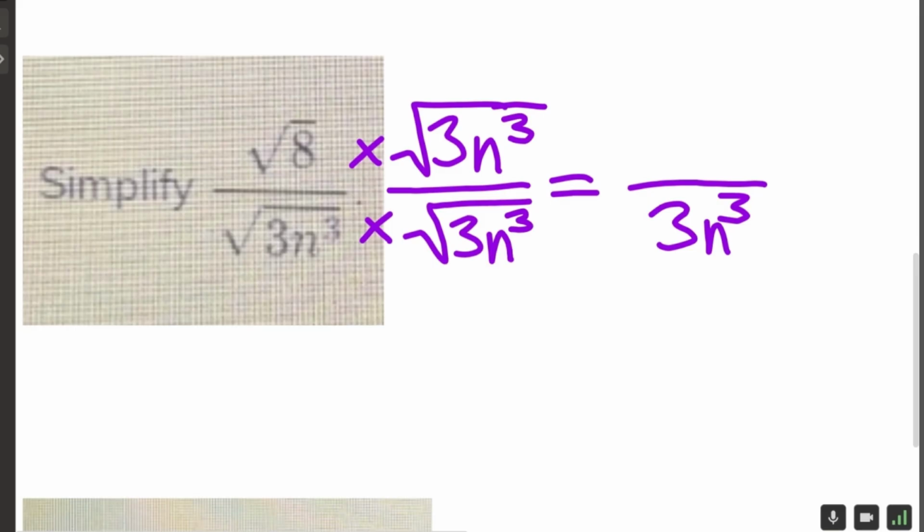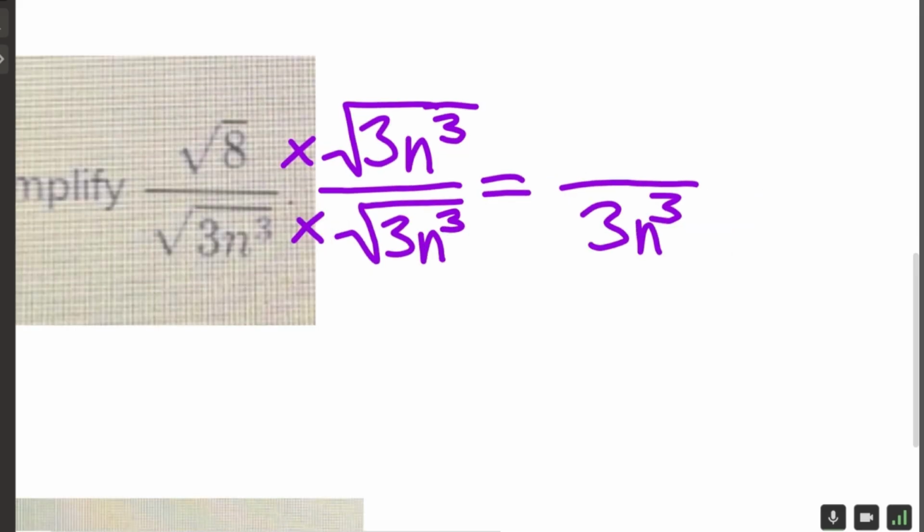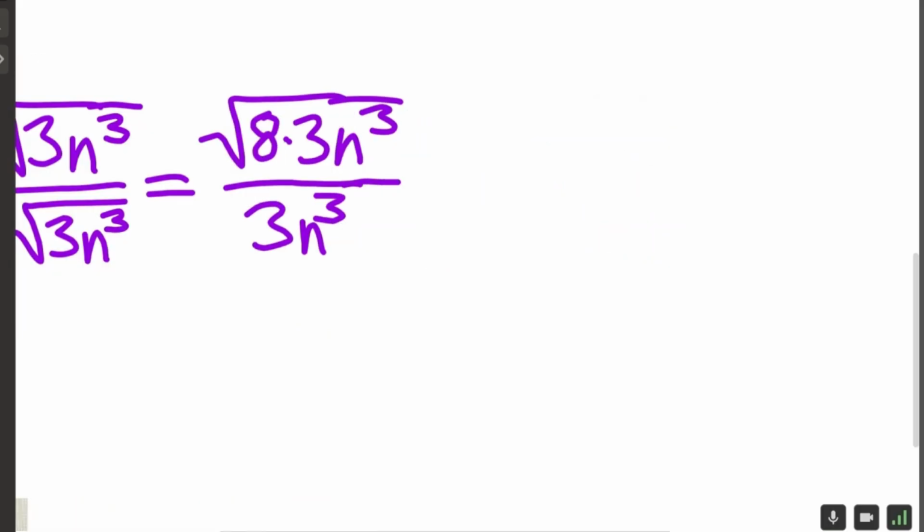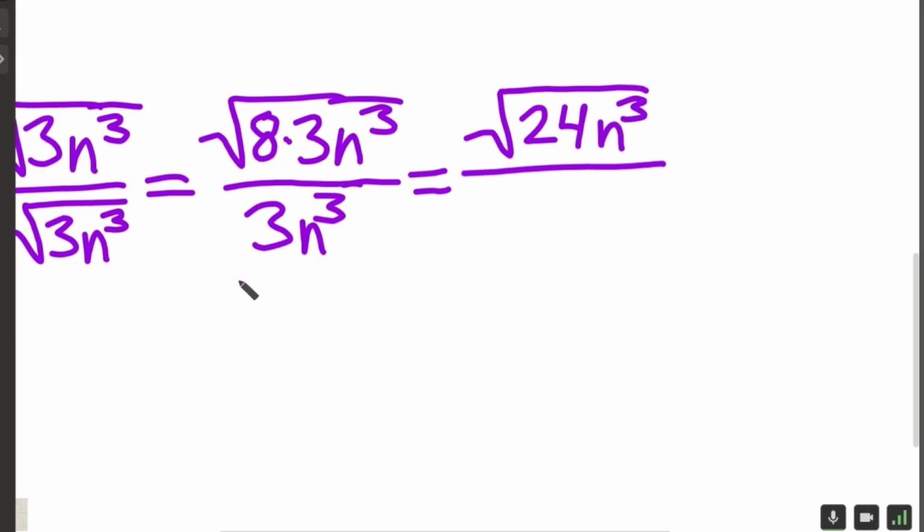Okay. Top part. Well, this is the same as this. 8 times 3n cubed. Well, let's multiply that together just to see what that looks like. Well, that'd be 24n cubed, square root of that, over 3n cubed. What can we take out of the top there?